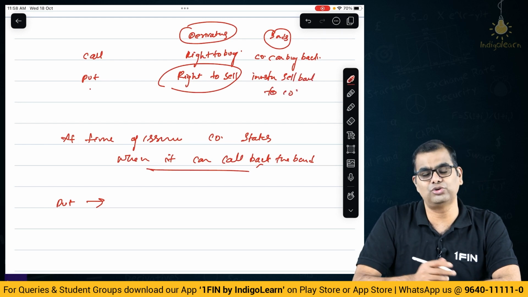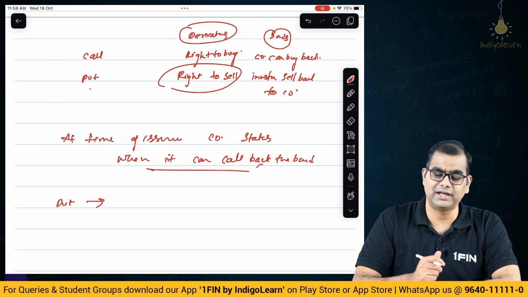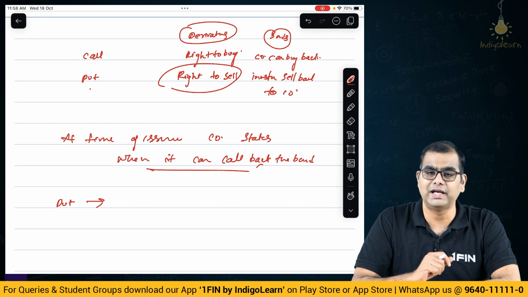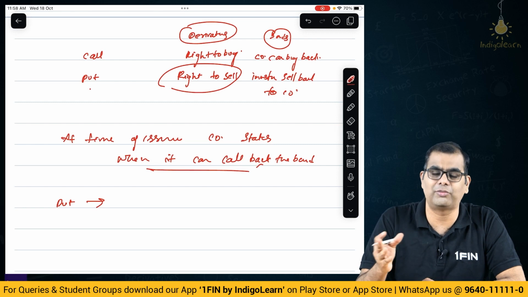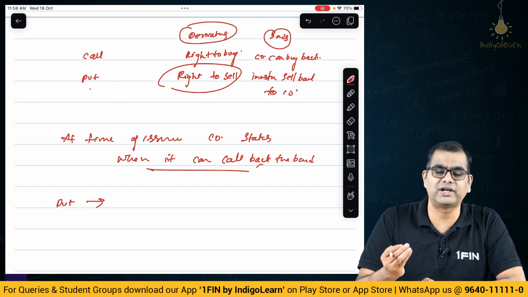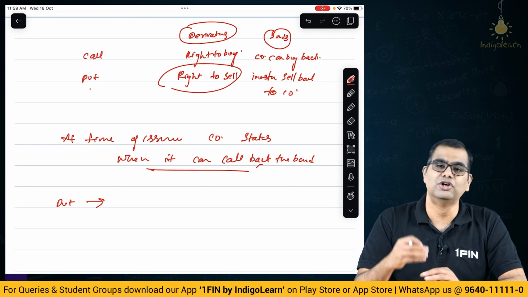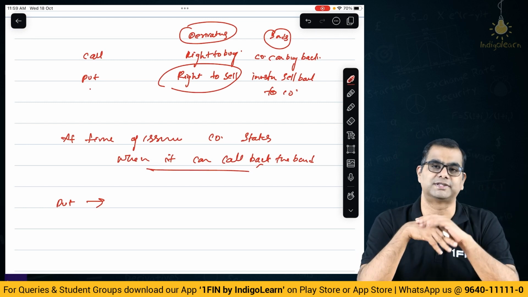So, when will an investor do that? Exactly the opposite. When market interest rates are much higher and this person has lent money at a much lower rate, this person will say, boss, enough, you take back your bond, give me back my money, because you are paying interest of only 5%, market interest rate is 11%, so you take back the bond, give me my money, I will lend it to somebody at 11%.